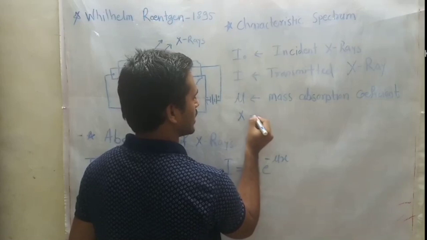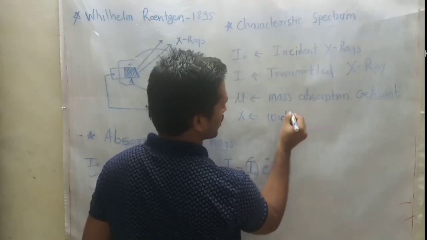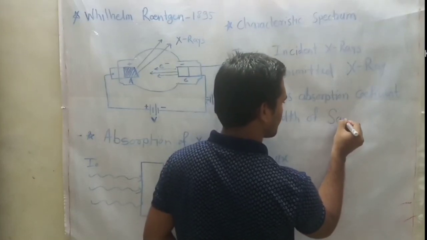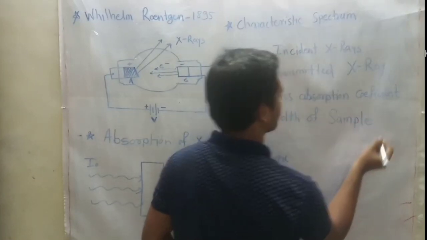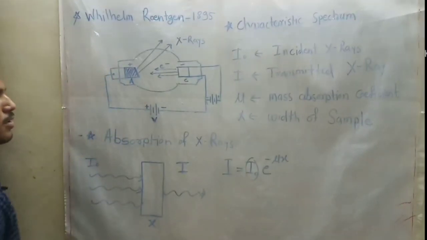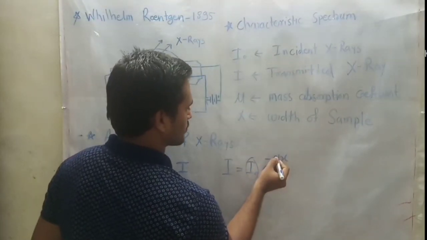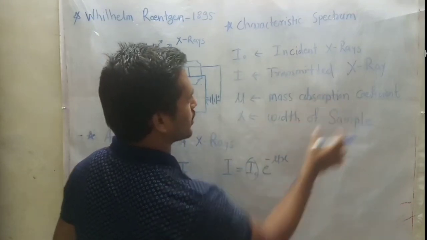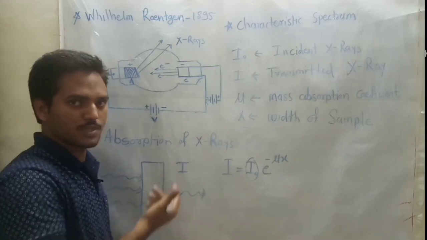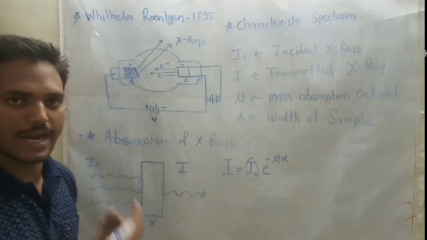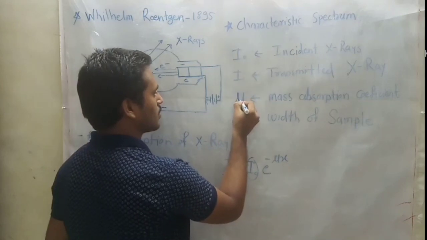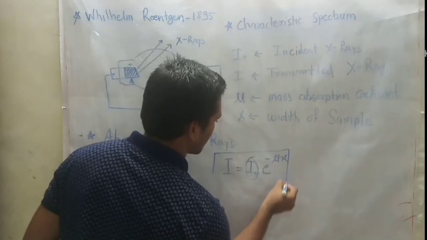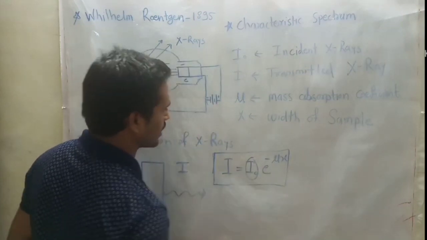And x is the width of the sample. Every material has a mass absorption coefficient, that is the ability to absorb electromagnetic radiation. This is the relationship between incident and transmitted X-rays.